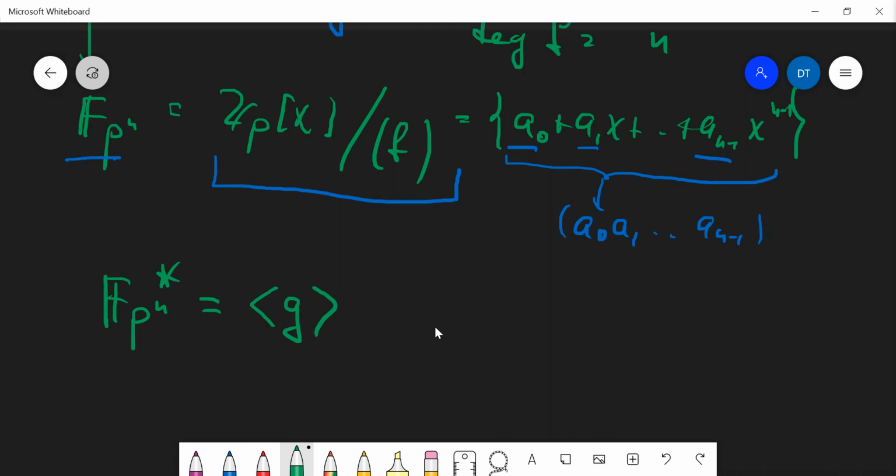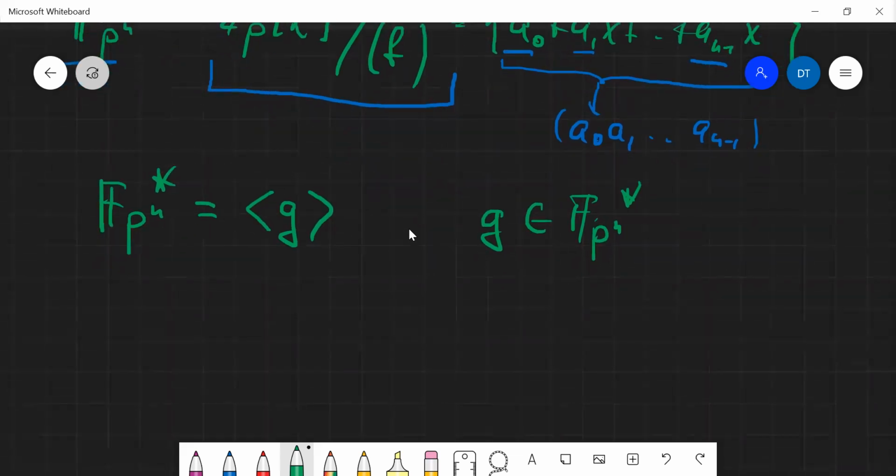So we may take this polynomial g, where g is from here. What does it mean? It means that each non-zero element of F_p^n is a power of g. So now we need to find this one.